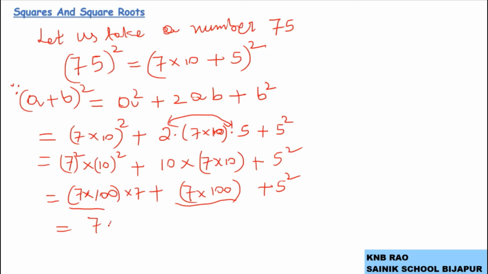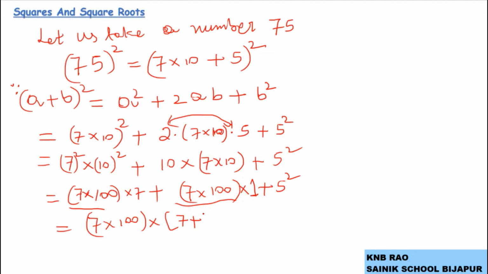Yes. If I take 7 into 100 as common, what am I left with here? I am left with 7 plus, there is nothing here. What should I write then? Children, if there is nothing, it means actually 1. 7 into 100 into 1.